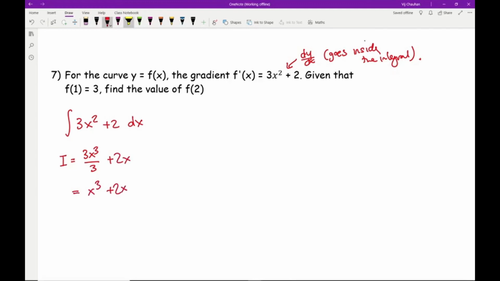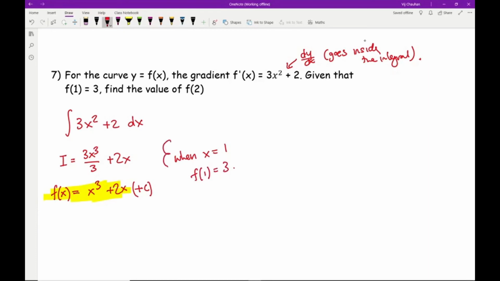Now this is my f of x, because I've integrated it. Now in terms of the plus c, I won't necessarily need to know that because obviously it's given me this. Actually, I do need my plus c. So when x equals 1, f of 1 equals 3.